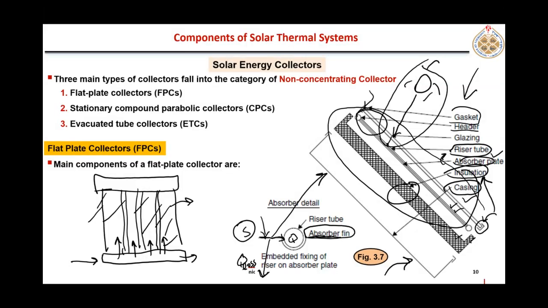So there is an inlet header and there is an outlet header. That's why you see a header, a bigger pipe, at the top and also at the bottom. So fluid, for example, enters from here, is divided into a number of riser tubes, then collected here and goes out from here. So this is the header.